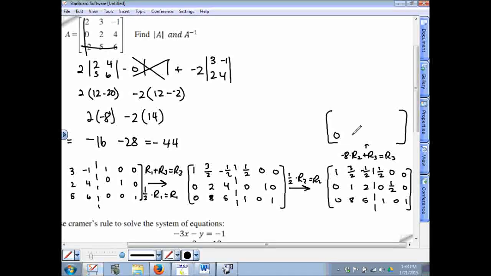Negative 8 times 1 is negative 8 plus 8 is 0. Negative 8 times 2 is negative 16. Negative 16 plus 5 is negative 11. Negative 8 times 0 is 0 plus 1 is 1. Negative 8 times 1/2 is negative 4 plus 0 is negative 4. And then negative 8 times 0 is 0 plus 1 is 1.